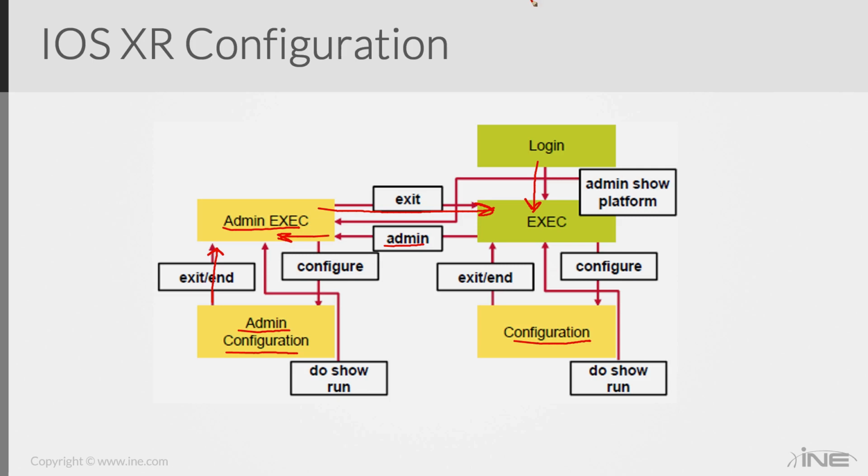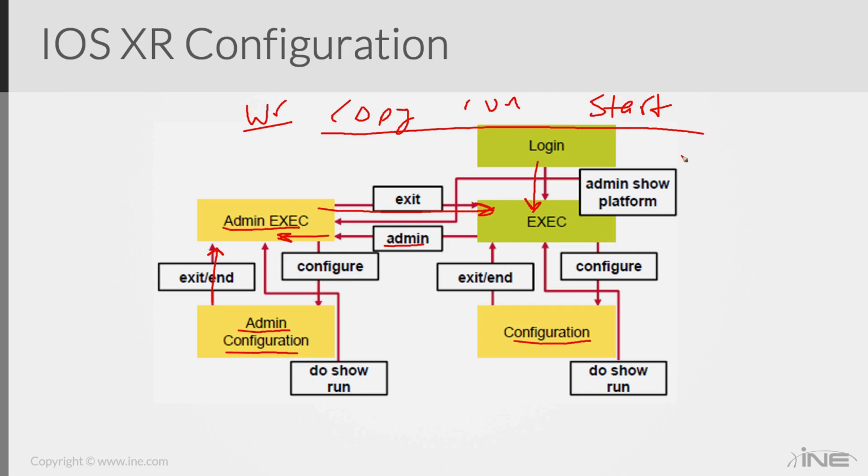Now the thing about this is, for those of you that are familiar with IOS, the write command and the copy run start are a thing of the past. If you say copy run start, you have now just saved an absolutely useless file inside of the flash. Same thing with write.